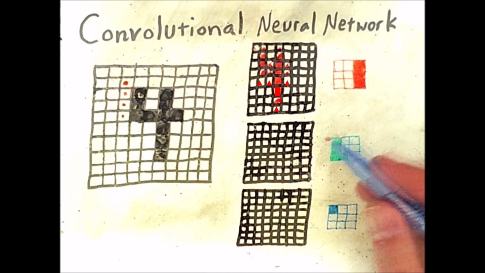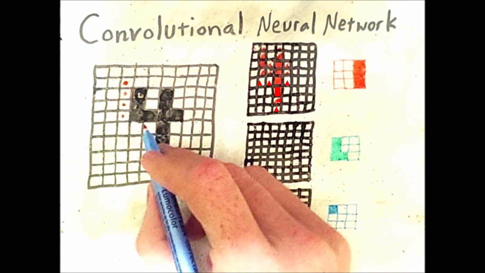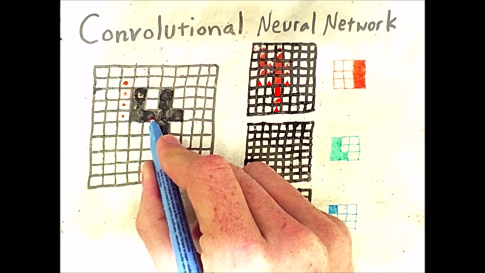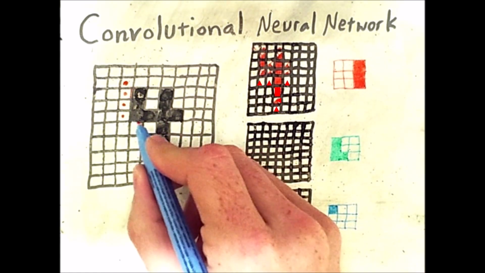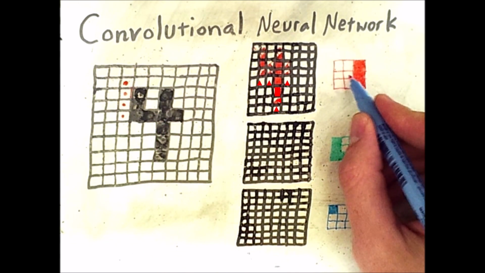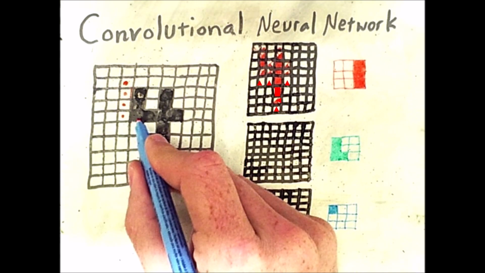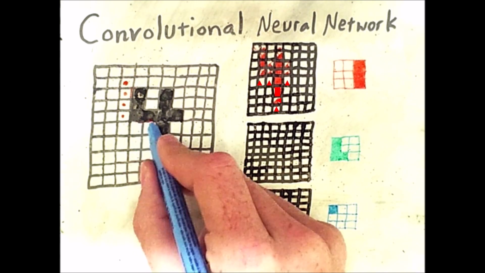Now notice that if we move to the right twice and we're centered at this point, there'll be inputs here and here which are ignored by this filter. The weights on this filter are 0, so the fact that those positions are activated is irrelevant.